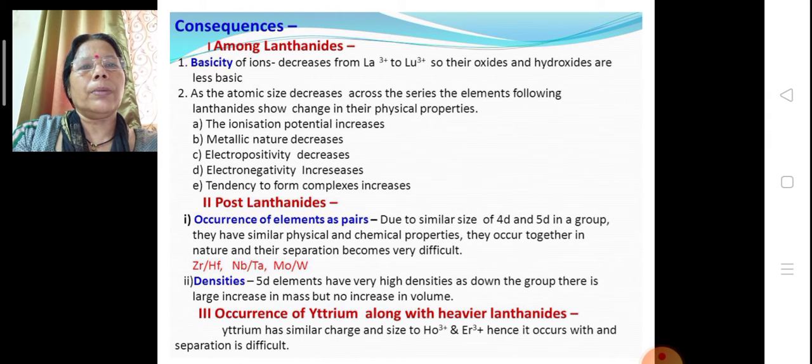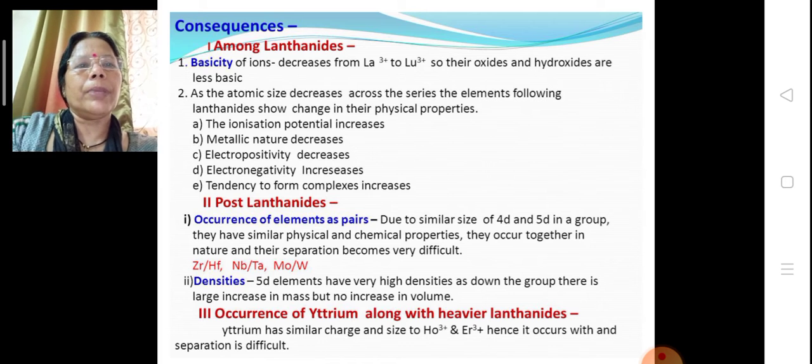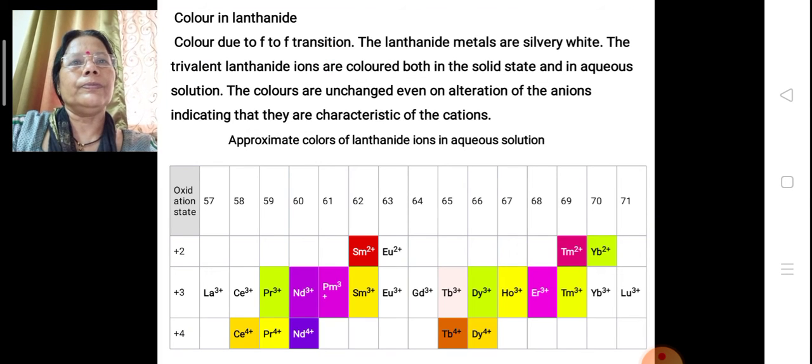Yttrium occurs along with the heavier lanthanides, as it has similar charge and size to holmium 3+ and erbium 3+, so separation becomes somewhat difficult.